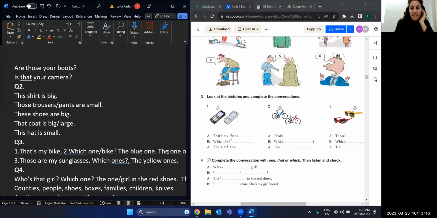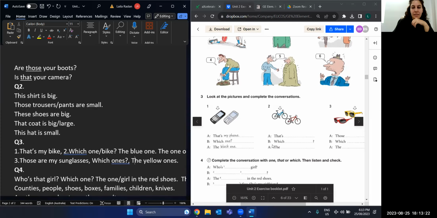Because 2 is no, they're both plural. Because maybe that's my bike. Sorry, it's singular, like only one, because bike is just singular, bike. I have a bike. But sunglasses, I know it's only one pair, but because it has an S, it's sunglasses.